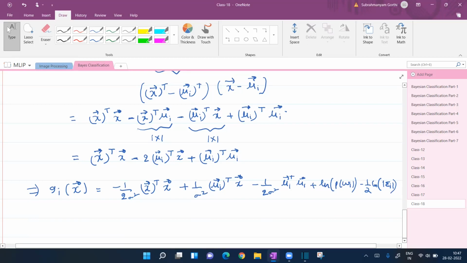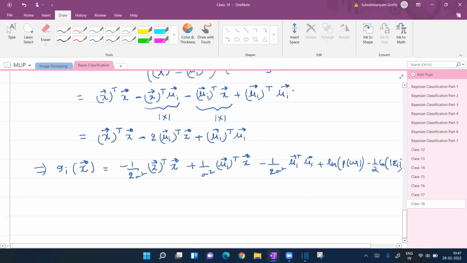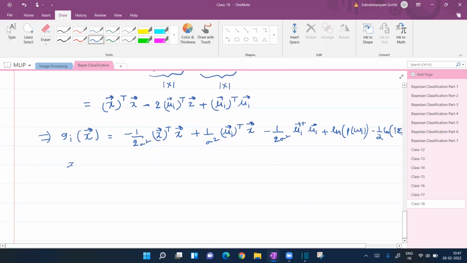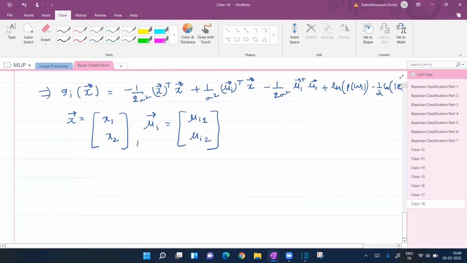Okay. Write it further. Let us substitute now the values that we have taken, x bar being x1, x2, mu I bar being mu I1 and mu I2. Let us substitute there and see what kind of equation we are getting here.